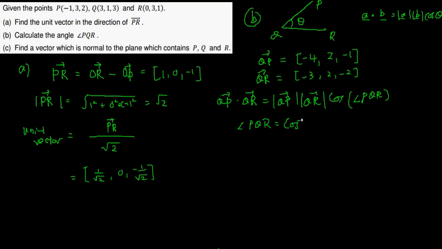So the angle PQR is therefore the arc cosine of the dot product. If you perform the dot product, this will be 4, 12, and 2, so the sum will be 18, and the magnitude of QP is square root of 21, and the magnitude of QR clearly is 9 plus 4 plus 4, so that will be square root of 17.